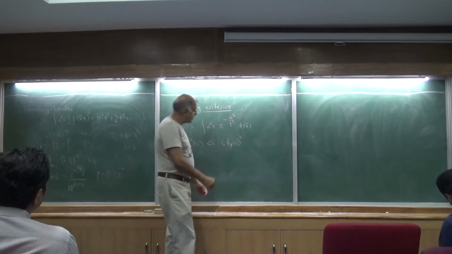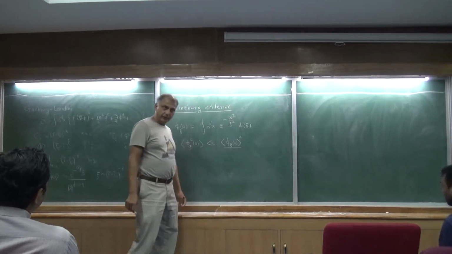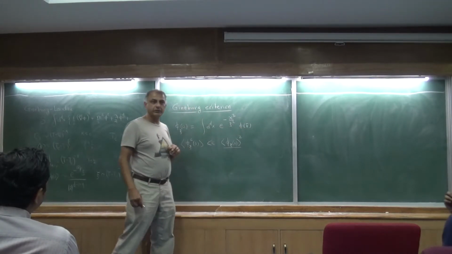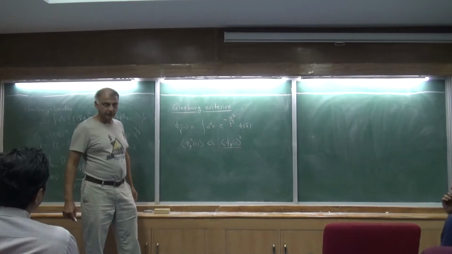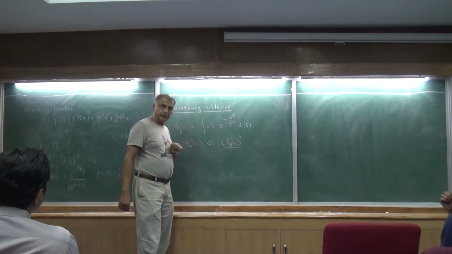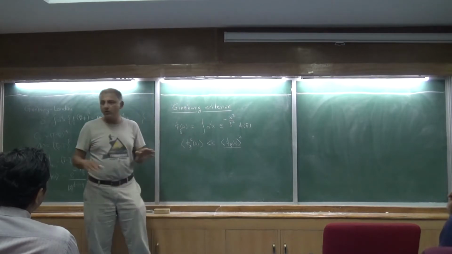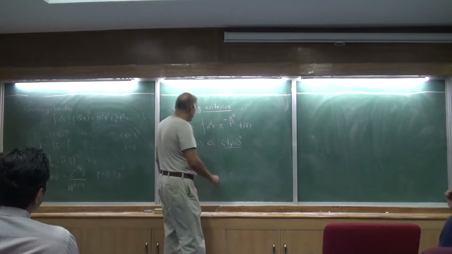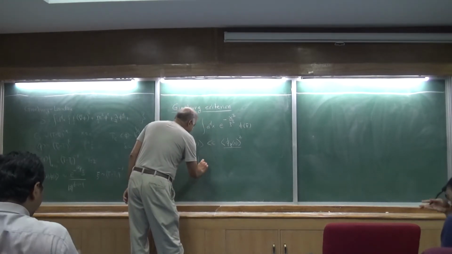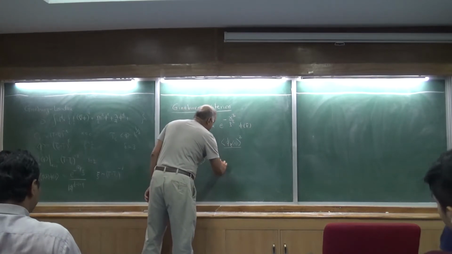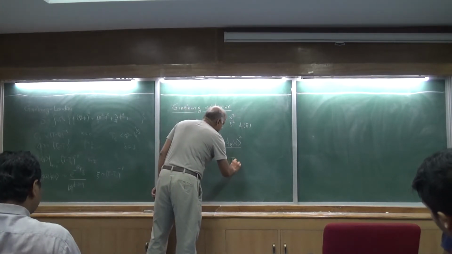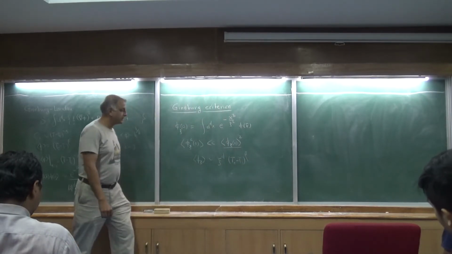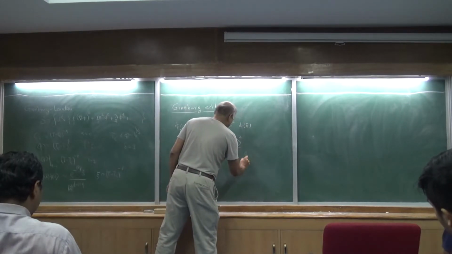Now I can certainly compute the average of this very simply. This average goes like Tc minus T to the beta. I know exactly what it is. And this is just some integral, there's some pi's and so on. From now on, I'm going to stop worrying about pi's. So if I take the average of this, it's going to be of the order of xi to the d times Tc minus T to the beta, squared.